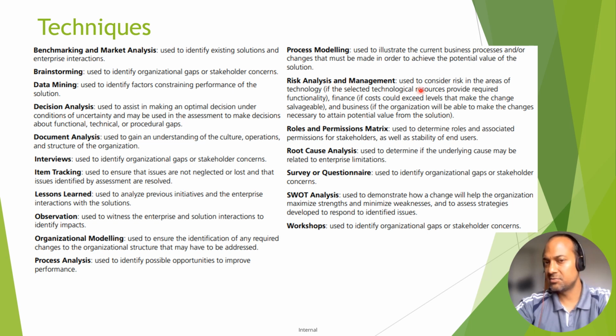Risk analysis and management used to consider risk in the areas of technology. Roles and permission metrics used to determine roles and associated permission for the stakeholder, as well as stability of an enterprise. Root cause analysis used to determine if the underlying cause may be related to enterprise limitation. Survey or questionnaire used to identify organizational gaps or stakeholder concern. SWOT analysis used to demonstrate how a change will help the organization maximize strength and minimize the weakness. Workshops used to identify organizational gaps or stakeholder concerns.